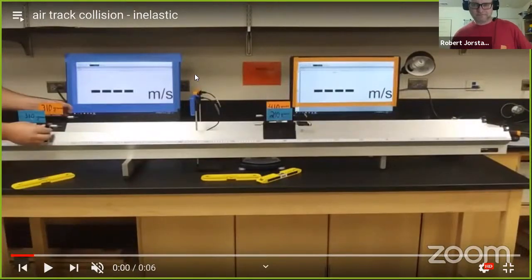I'm trying to show you that even though I was doing these by hand, they are going about the same velocity when you hit. Notice these are each 300 grams over here. This one is 200. The one in back is 400. So when a 300 gram mass slams into a 400 gram mass versus a 300 into a 200 gram mass, we could make our prediction of which one should be moving faster, right?